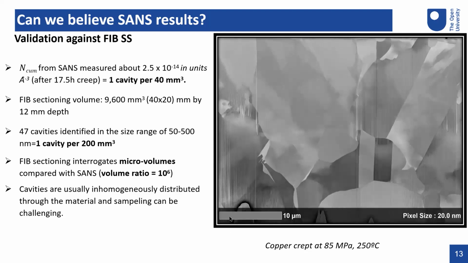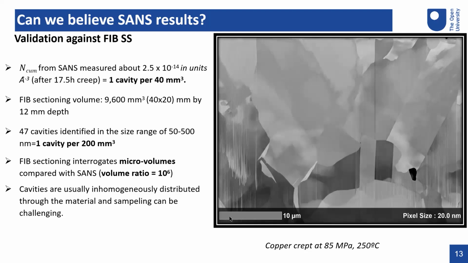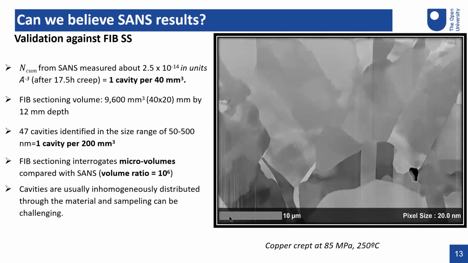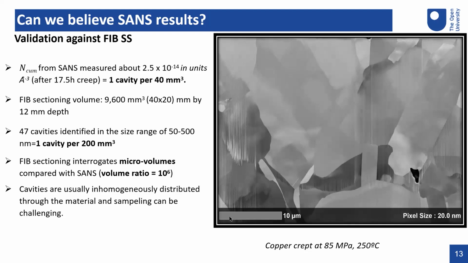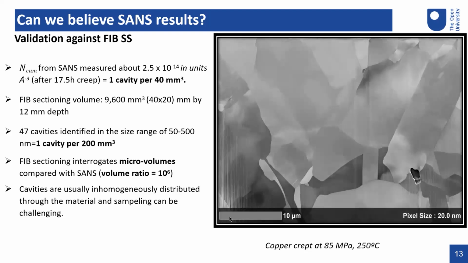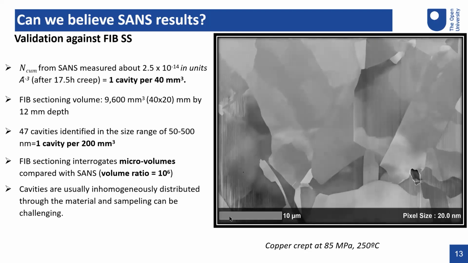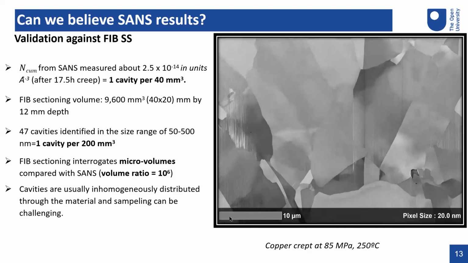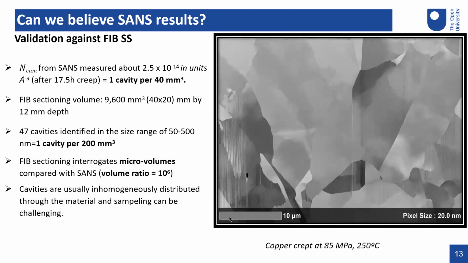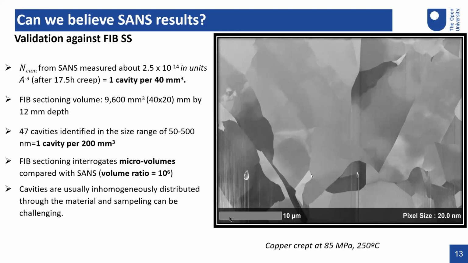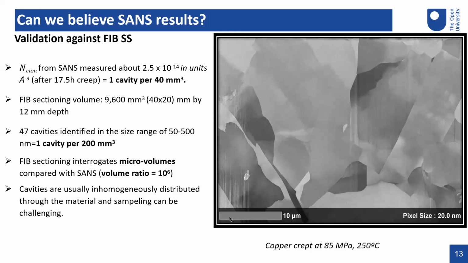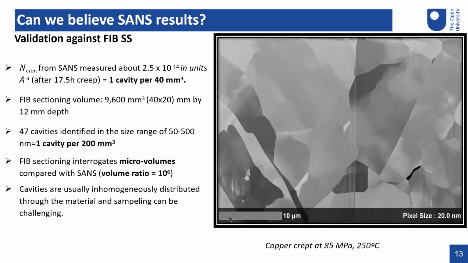So I hope this video will play. It's only about 30 seconds. So you can see as you slice through the material, you can see the cavities coming through and disappearing through the section.